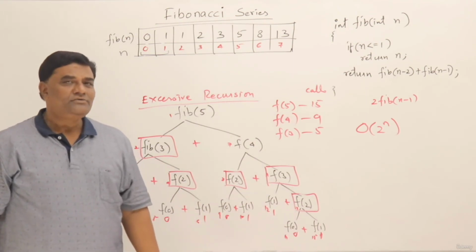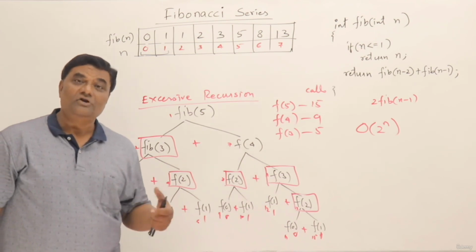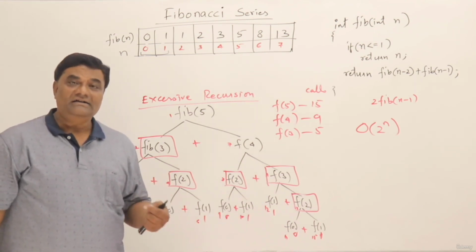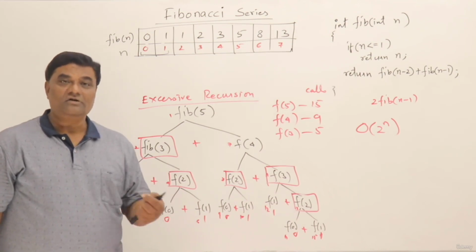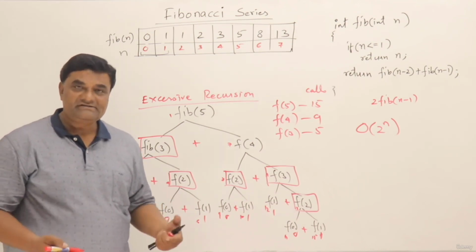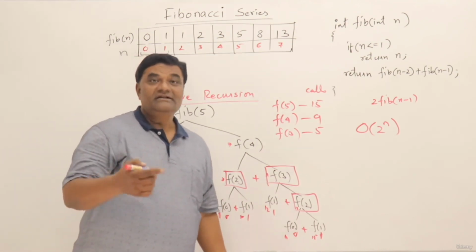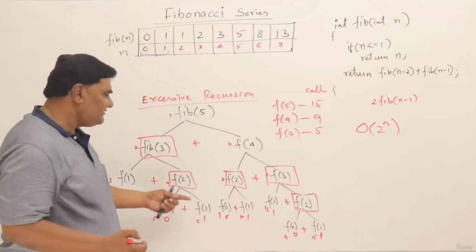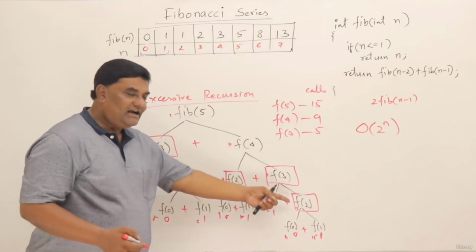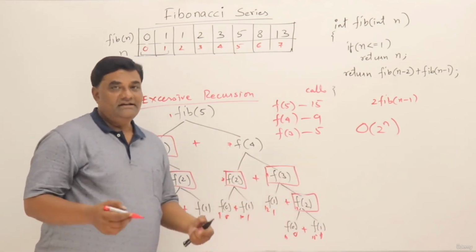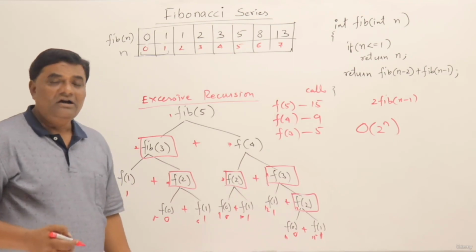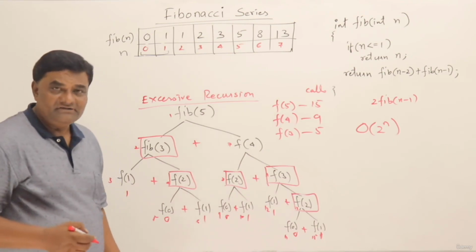So is there any way to avoid the excessive calls and make a call only once and utilize the result in further calls? Let us devise a method. If you want a function to retain these values so that they can be utilized later, you have to take the help of a static variable, or you can also take global variables.